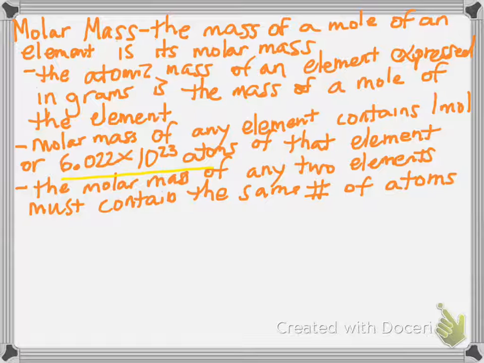Well, if I have 14.007 grams of nitrogen, so the mass from the periodic table, that means I have 1 mole of nitrogen, which means I have 6.022 times 10 to the 23rd atoms. So again, this is just saying the molar mass of any two elements must contain the same number of atoms, because that's the definition. Molar mass always contains 1 mole, and 1 mole is always 6.022 times 10 to the 23rd atoms.